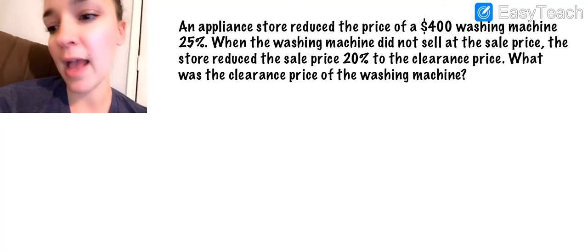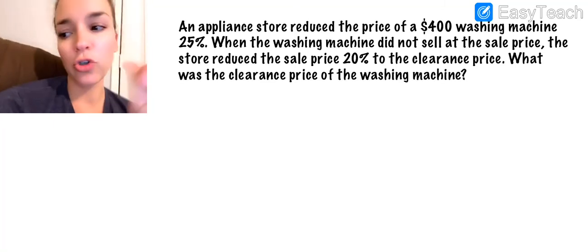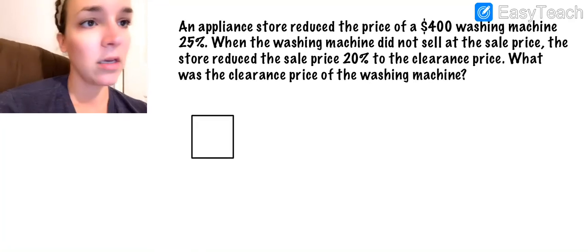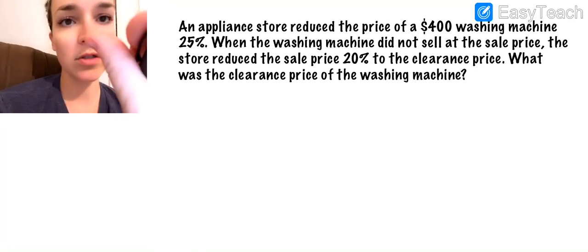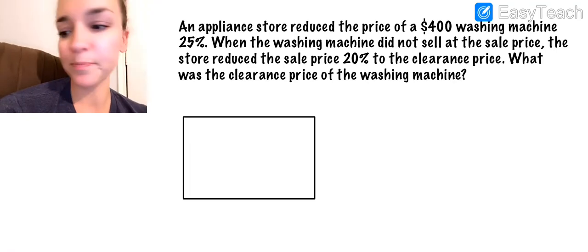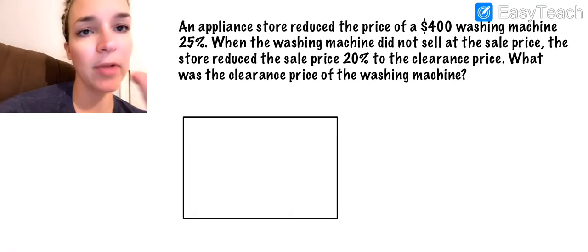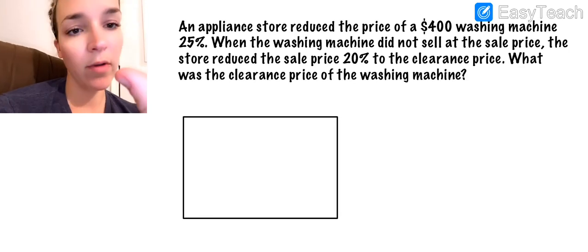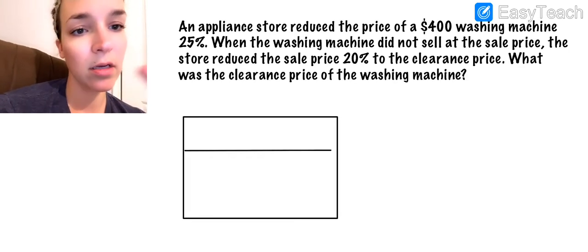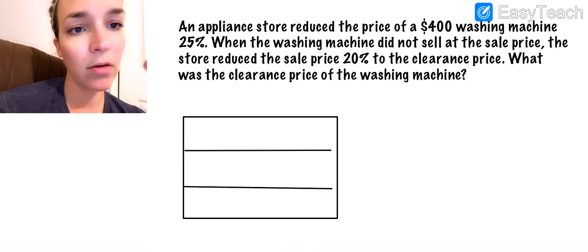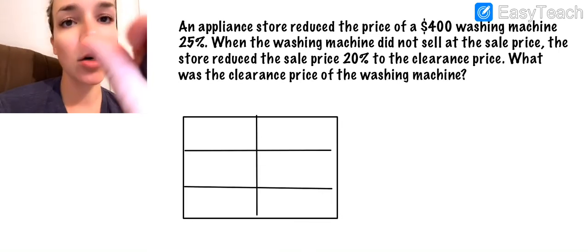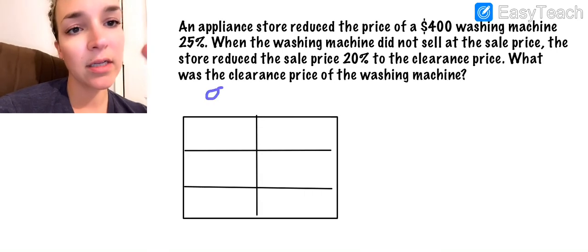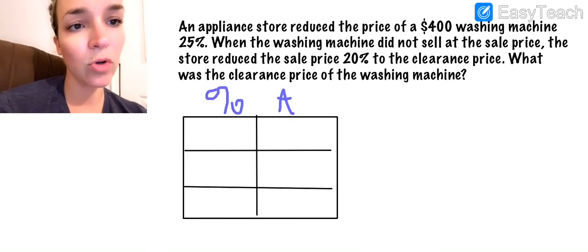So we are going to have two different tables here, okay, to help us. Oh, and you know what? That's a square. I don't want a square. I want a rectangle. So we're going to have two different tables here to help us set this up. Okay, so we'll have one where we've got percent and actual.